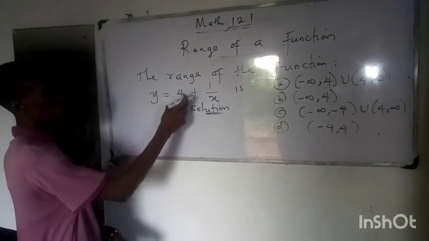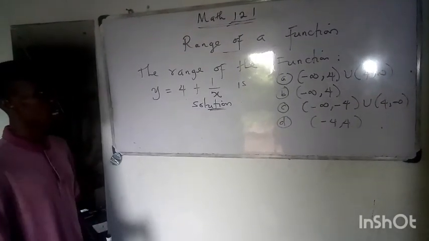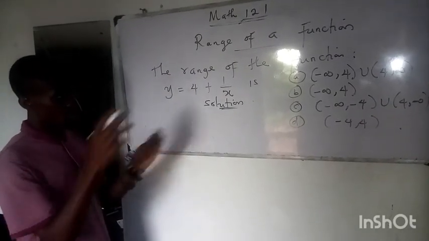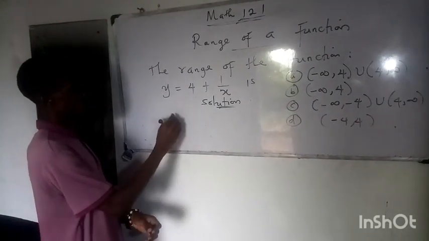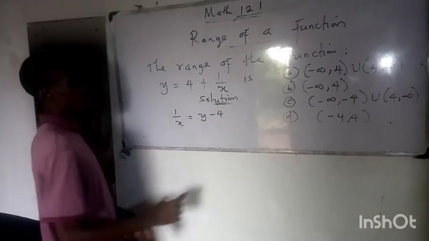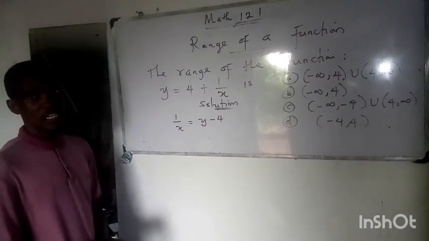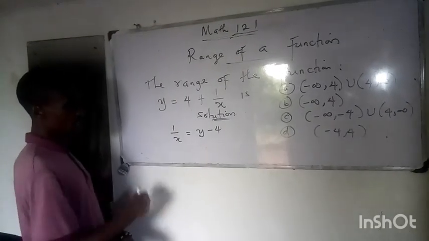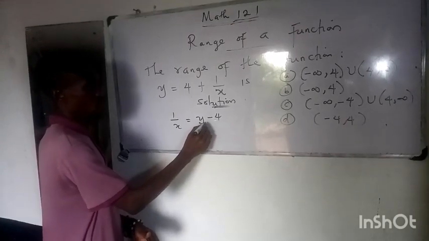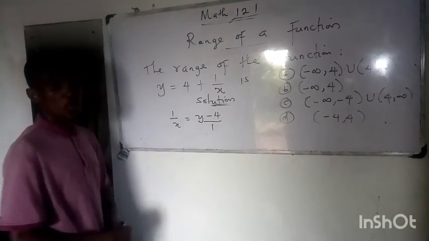And when we do that, we have y equals 4 plus 1 over x. We can take terms to the other side of the equation. We should have 1 over x is y minus 4. Do you get that? And when we have this, we can call y minus 4 over 1.